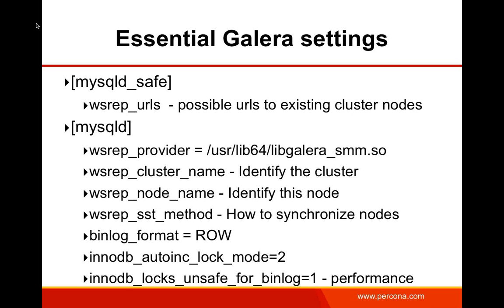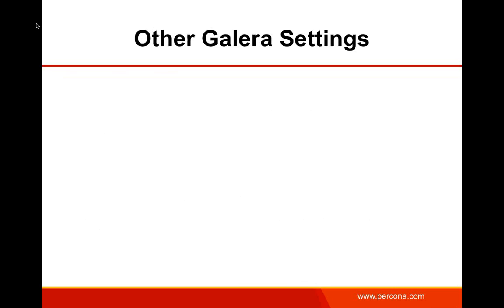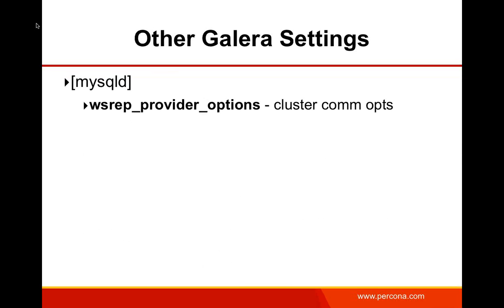There are some other Galera settings that you may want to be aware of. In the mysqld section, again, there are the wsrep_provider_options already talked about. You don't actually have to configure anything in there unless you're changing the replication IP that you're listening on, or tuning some options about quorum or cluster timeouts and things like that.